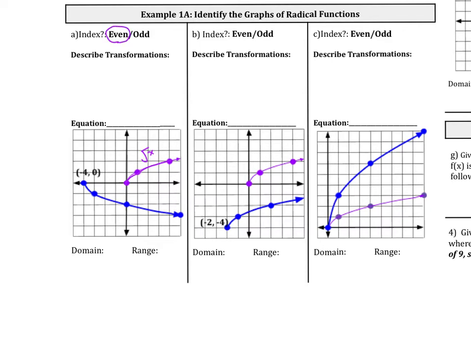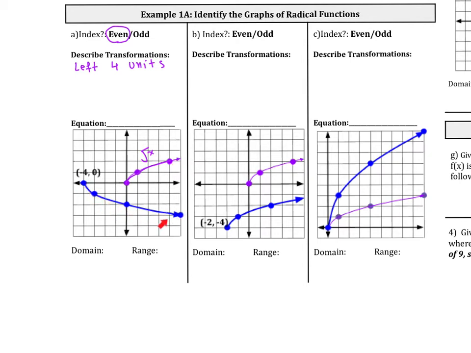Now, if you notice, this function is moved 1, 2, 3, 4 units to the left, so it's going to move left 4 units, and this is the direction upward and this is the direction downward. It means it's a reflection.